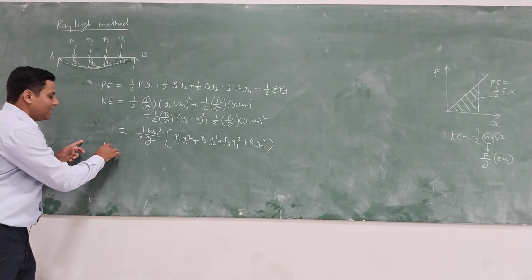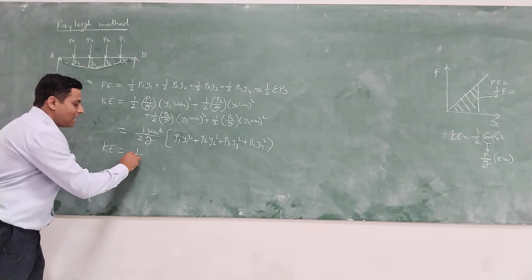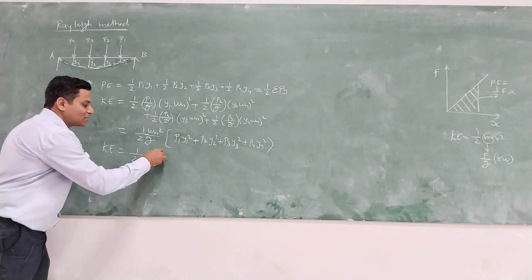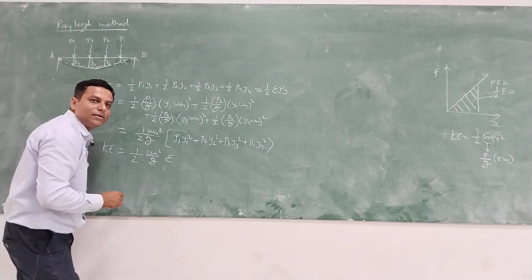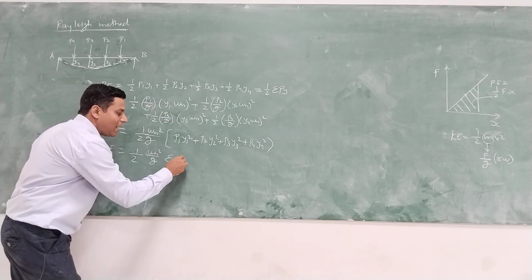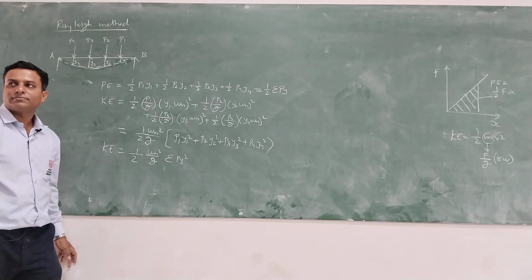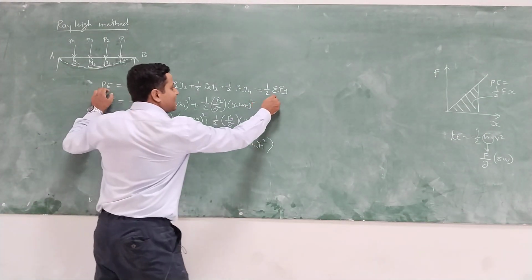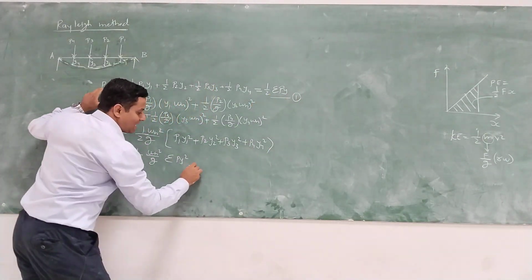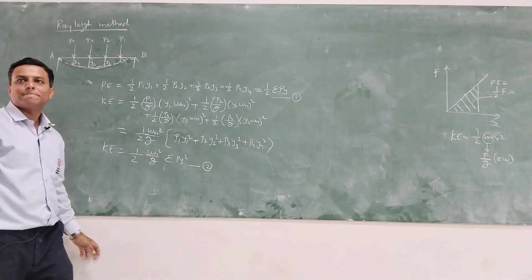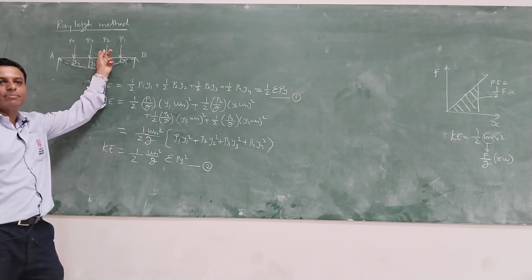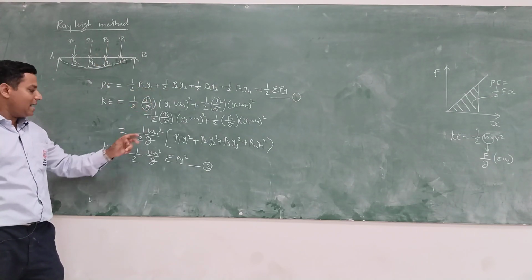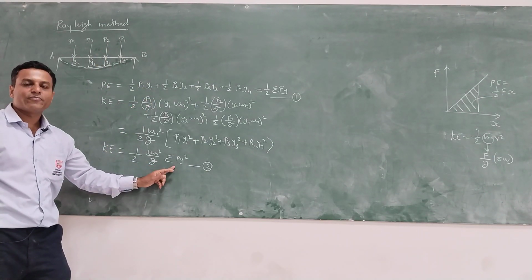So the kinetic energy of the system will be 1/2 omega n square by g into summation Py square. I'll mark this as equation 1 and this as equation 2. So the potential energy stored in this beam will be this value and kinetic energy will be this value.